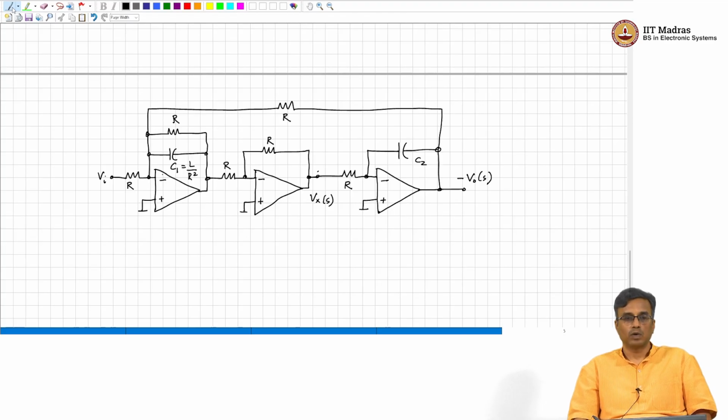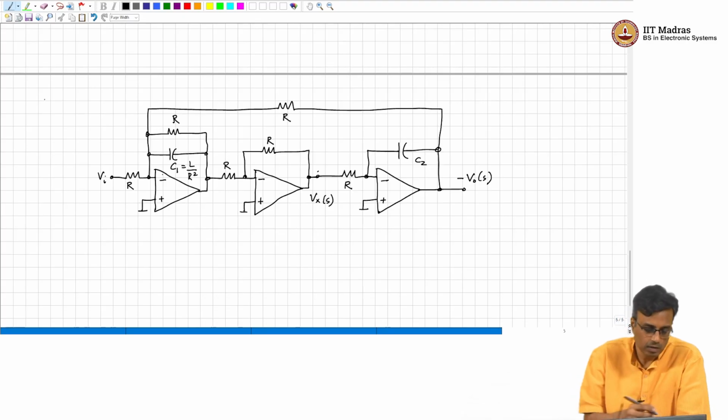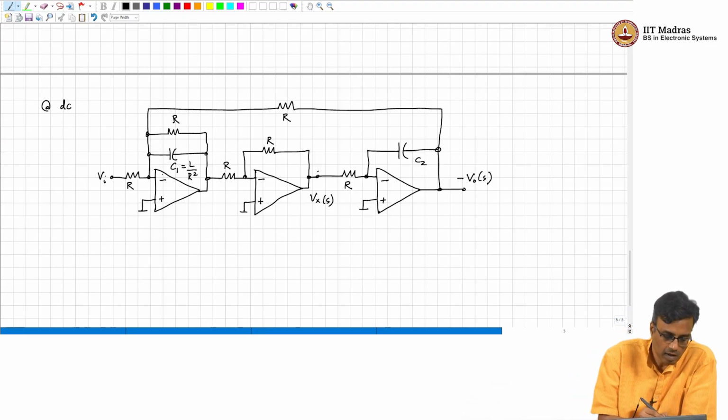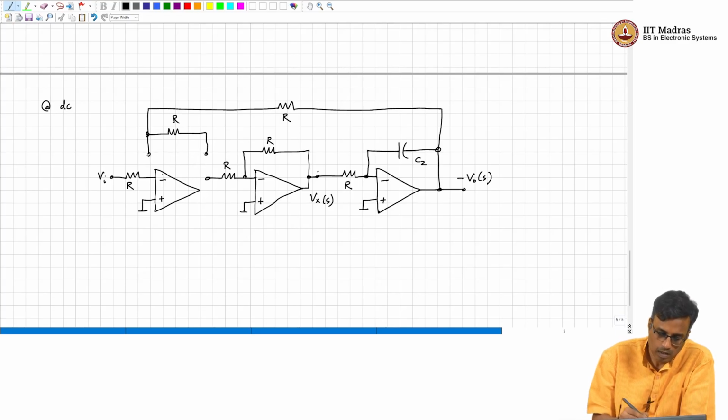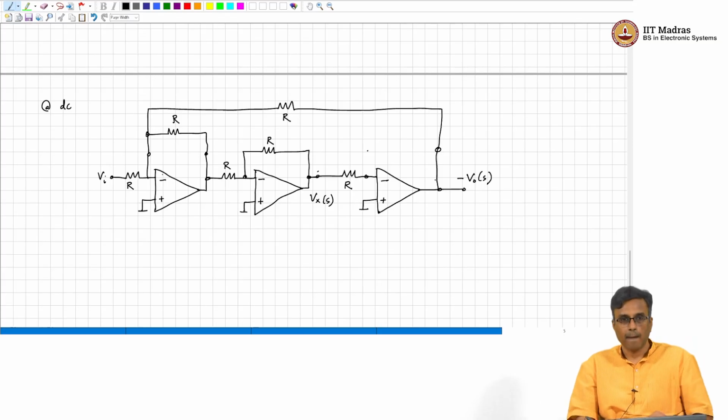How will you figure it out? At DC, all the capacitors are open.